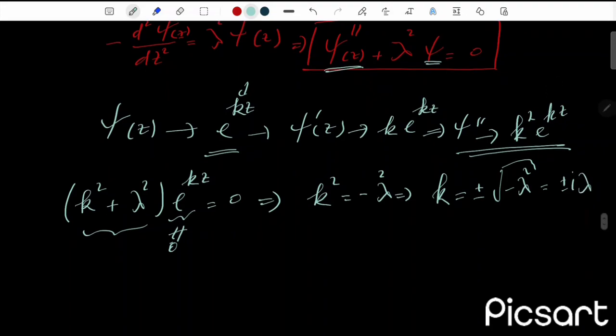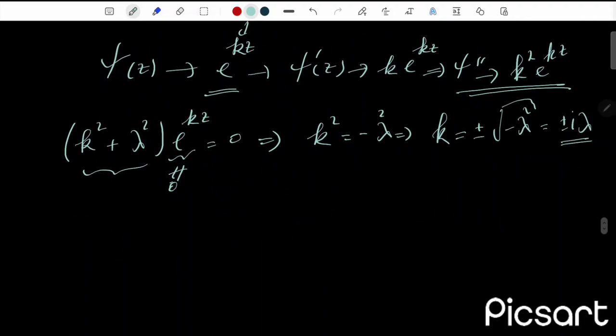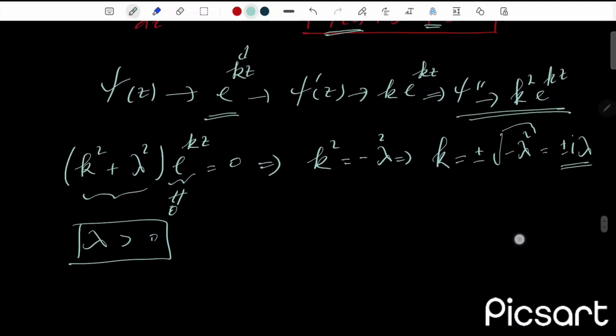Here I will only consider that lambda is a real number and is non-negative, so that we have the solution.